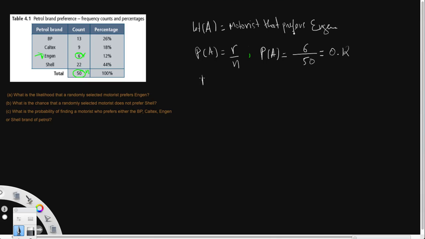Times 100, therefore we have a 12% chance of finding a motorist who prefers, I'll just write E, engine.